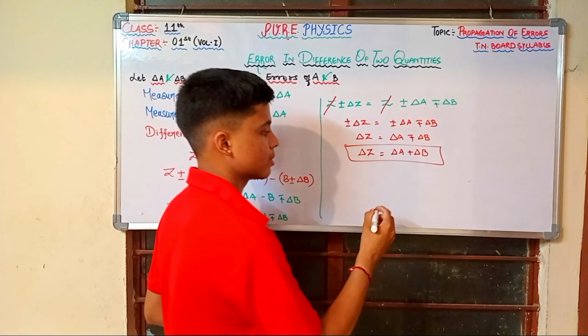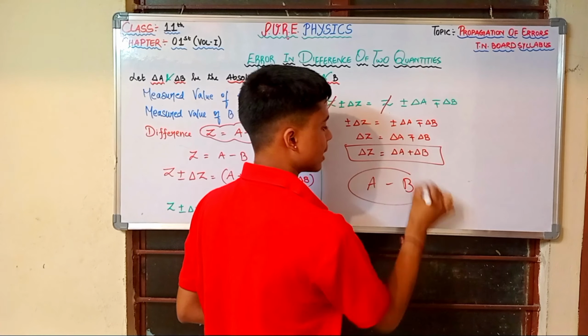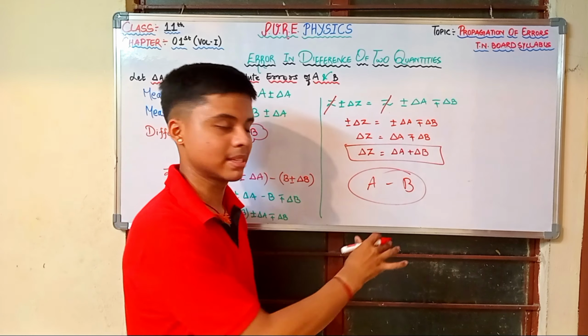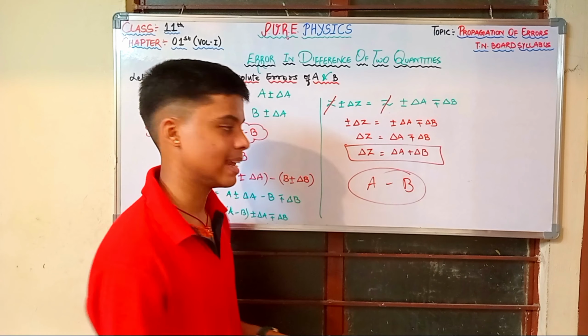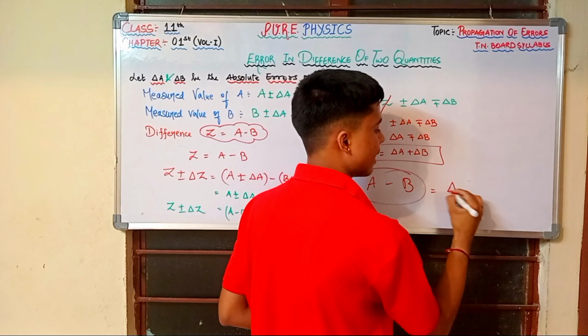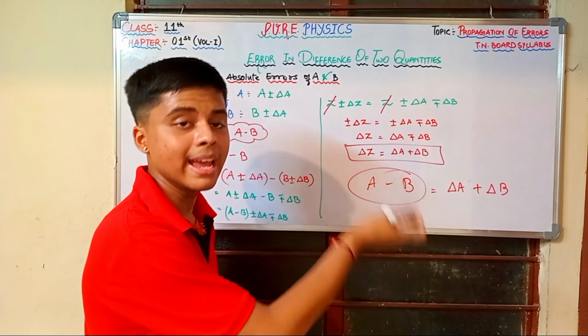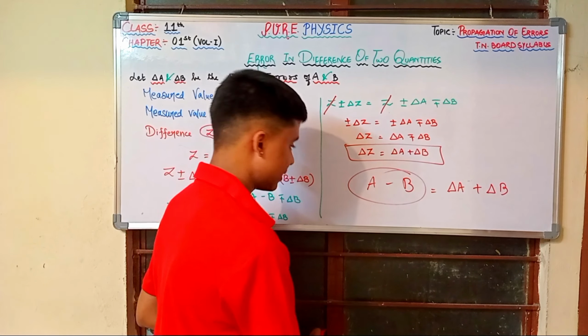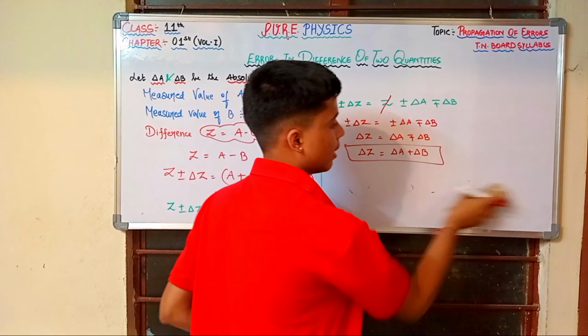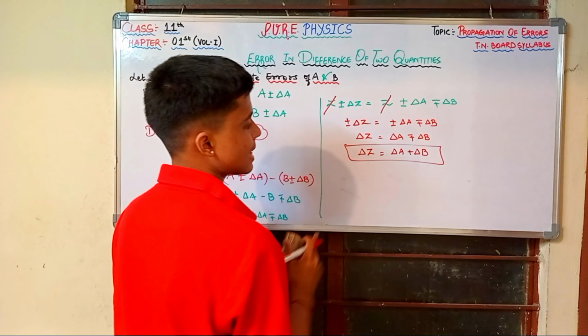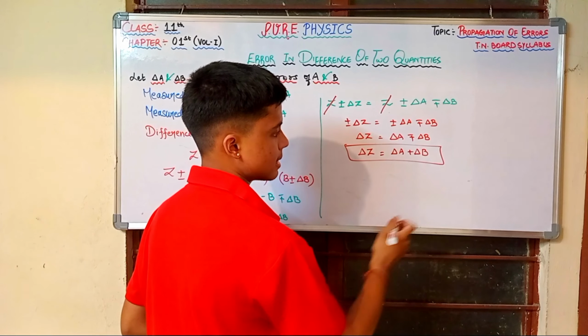When you subtract A minus B, what is the maximum error in this expression? It is nothing but when you add those errors, you will get the maximum value of error in the final quantity. For that reason, I am going to take delta Z is equal to delta A plus delta B.